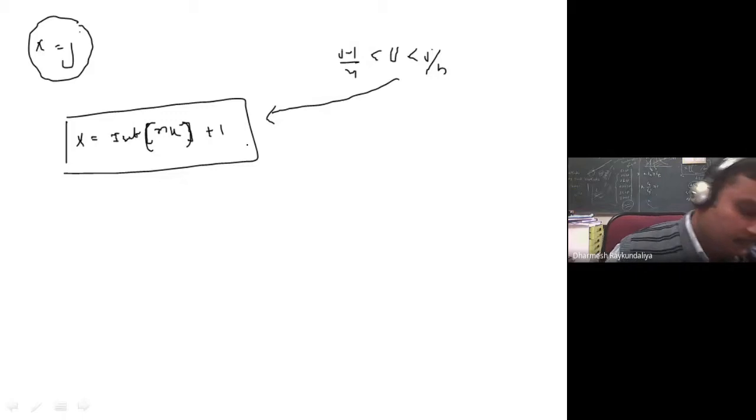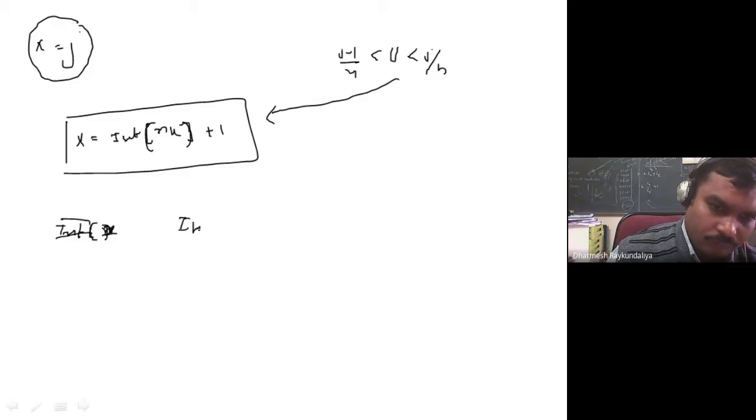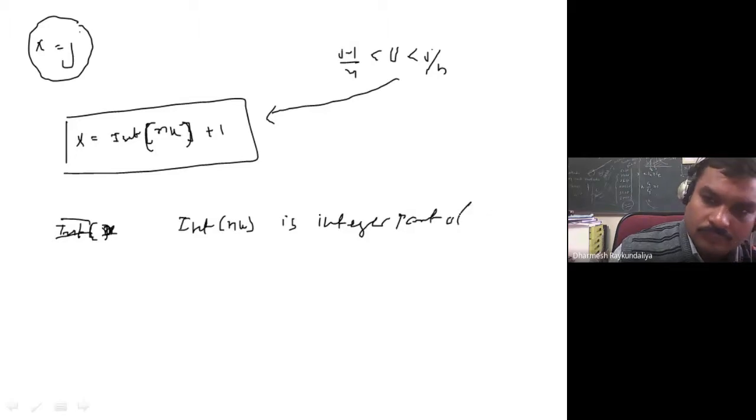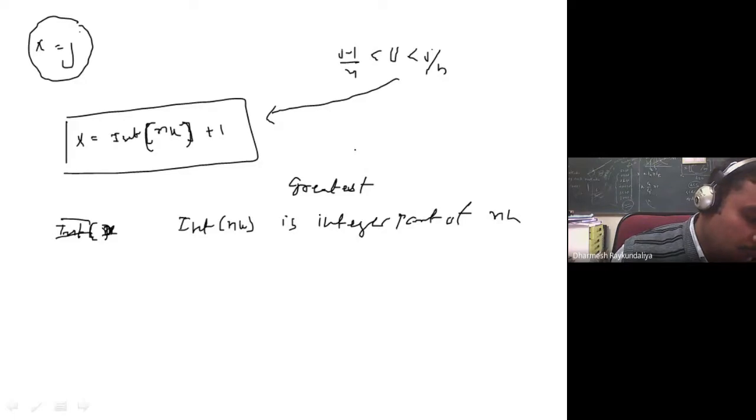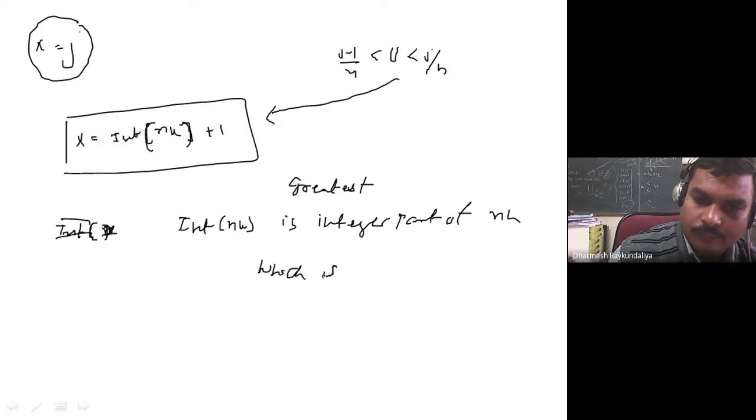It is giving the discrete random variable which are equally likely, where the integer part of nu is the greatest integer part of nu which is less than nu.